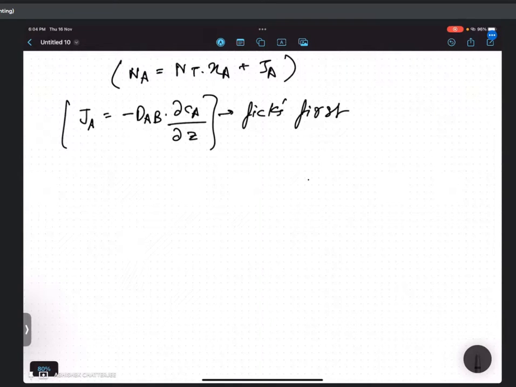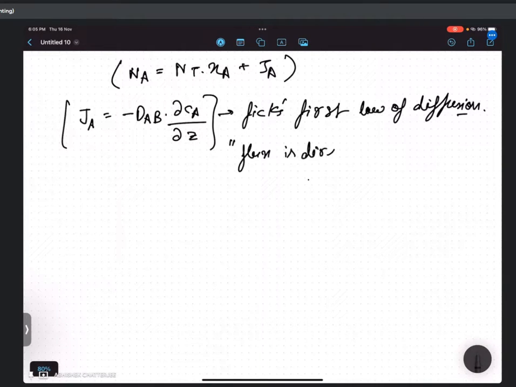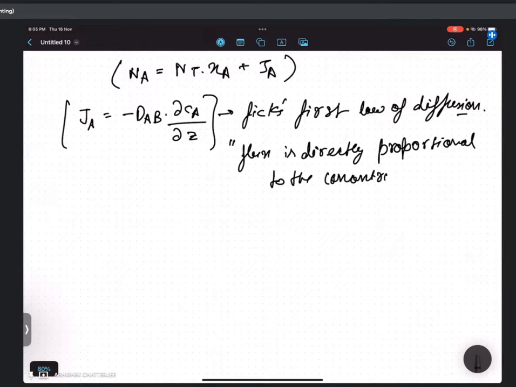Fick's first law of diffusion, which states that flux is directly proportional to the concentration gradient in that direction.